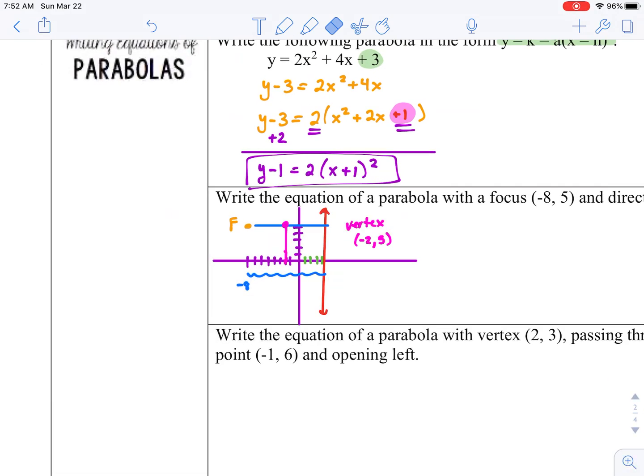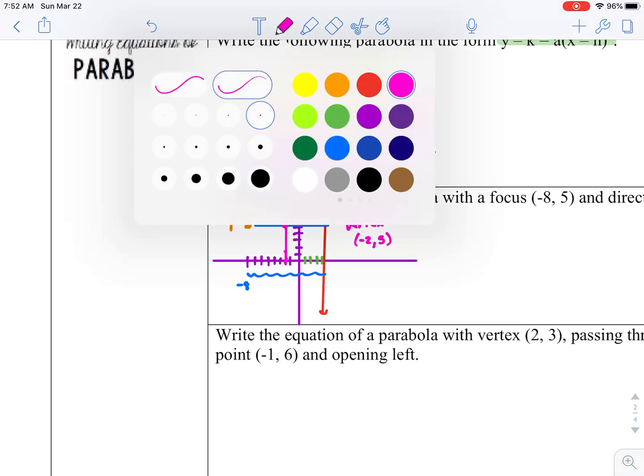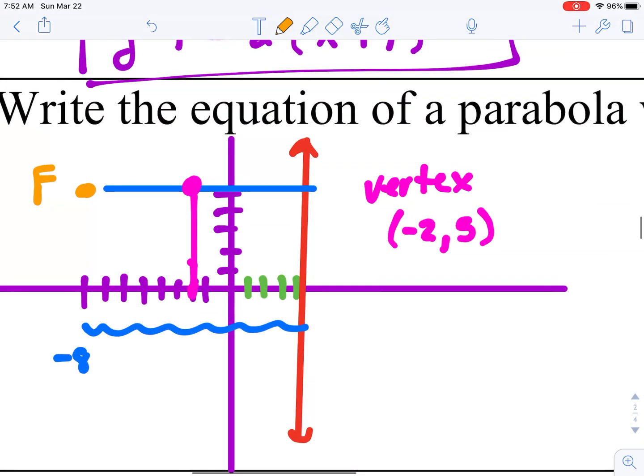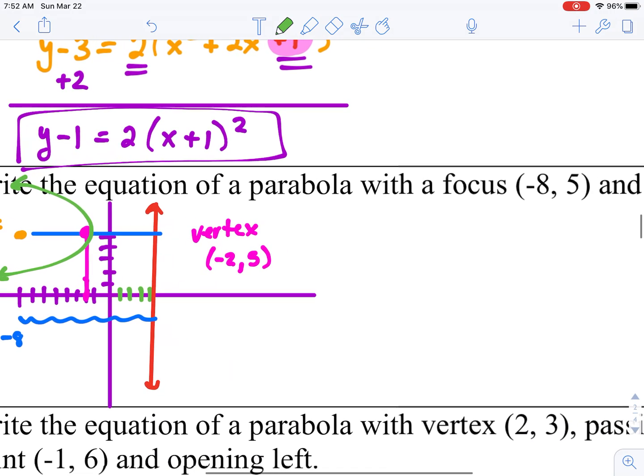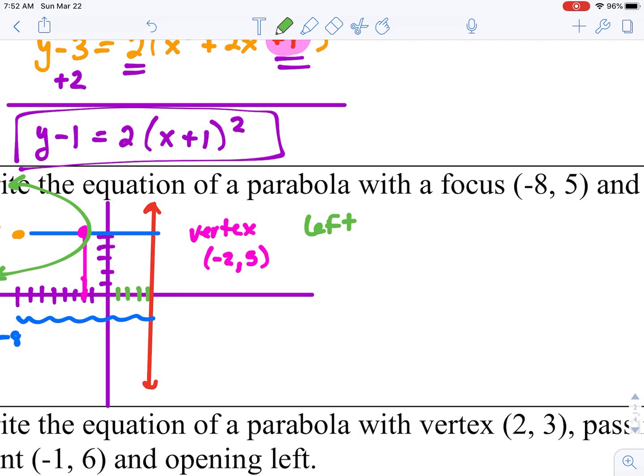Now, how can you tell what direction it's opening? We are going to be opening to the left. And the reason we open to the left is because the focus sits right inside of our parabola. If we're opening to the left, what is being squared? Well, we got our y being squared. And what else do you know?